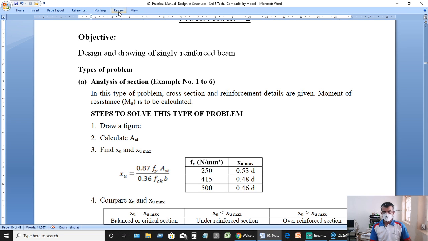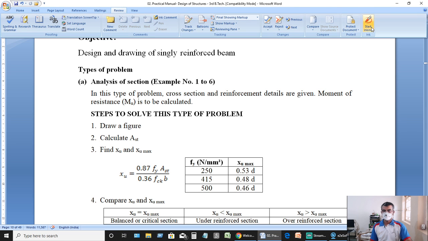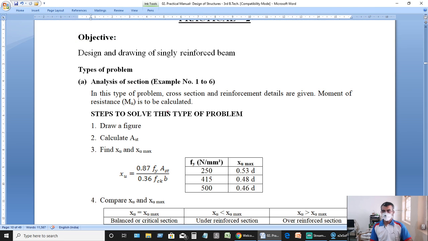Today we are going to study the singly reinforced beam, singly reinforced section. In a singly reinforced section, let me just give you the brief on what RCC is.